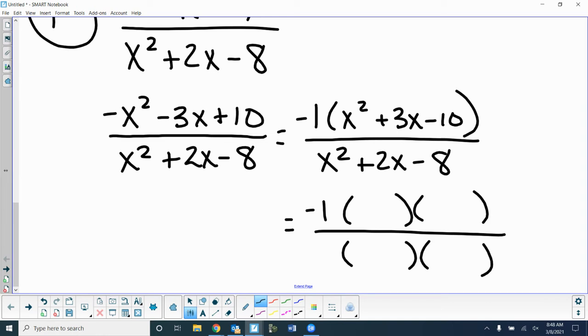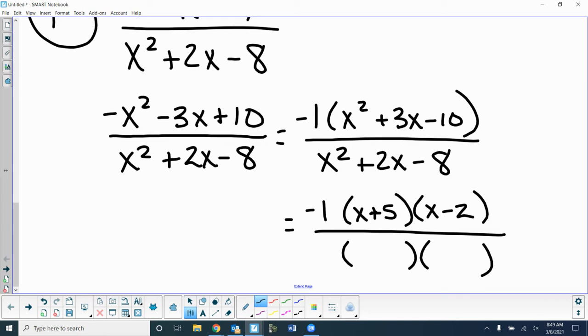What factors of negative 10 add up to positive 3? So it's x plus 5 and x minus 2. Any questions on that?